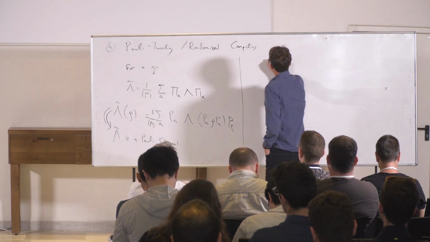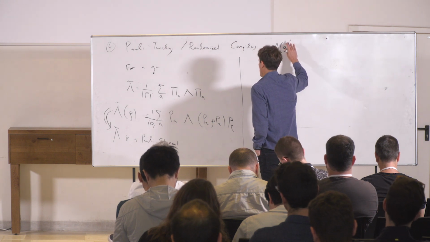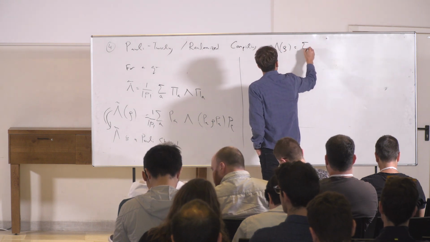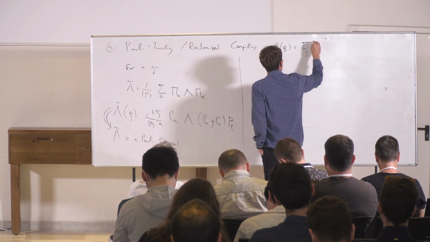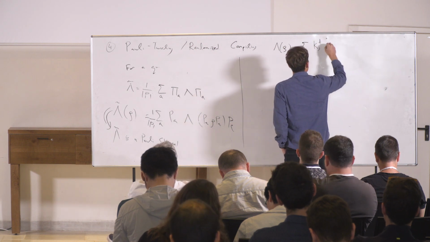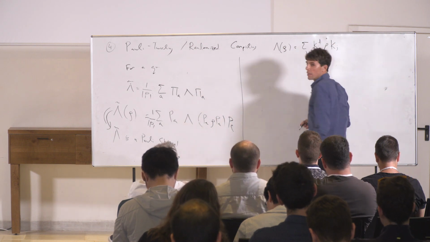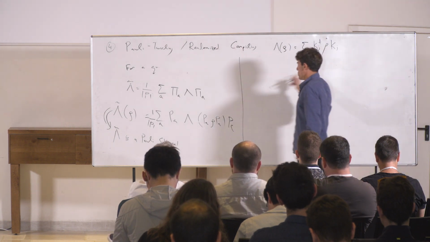Remember that I'm now going to use the Kraus representation of a super operator. I don't remember if I put the dagger on the left or on the right last time, but in any case, I'm going to use this and put it in here.